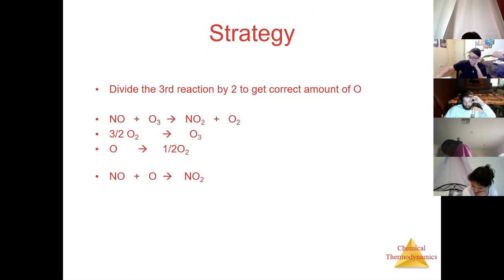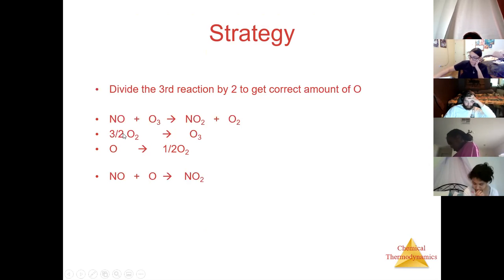At this point, all I have to do is cancel out what's in common on left and right. I've got an O3 here and O3 there. I've got one O2, which is the same as 2 halves. I had 2 halves O2 with a half O2. I get 3 halves O2 on the right.